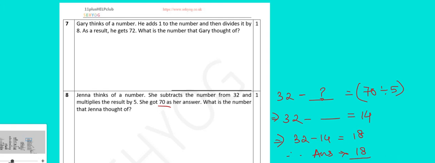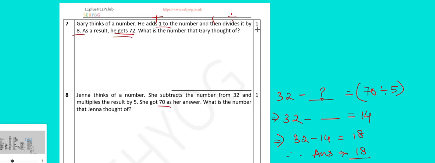Looking at our next question, that is sum number 7. Gary thinks of a number. He adds 1 to the number and then divides it by 8. As a result, he gets 72. What is the number that Gary thought of? So he adds a 1 to the number and he divides it by 8. So after dividing it by 8, he gets 72.